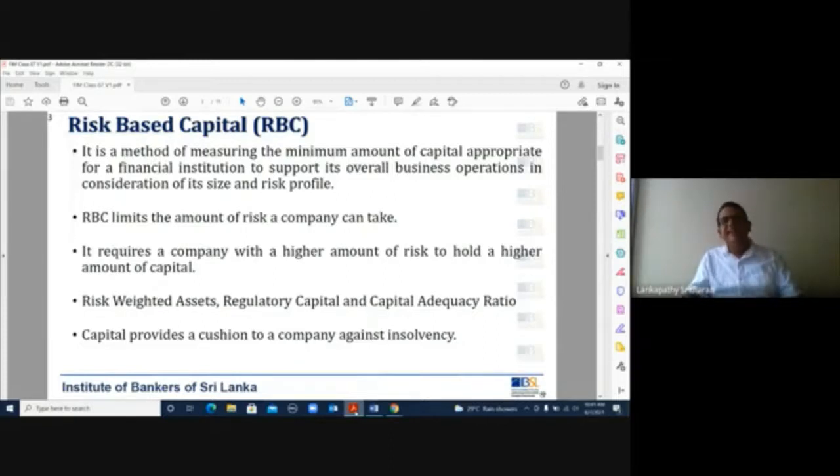The main reason is they did not have adequate capital to absorb additional or unexpected losses. Because even worldwide, before the 2008 global financial crisis, these investment banks did not come under the purview of the regulators and minimum capital requirements.